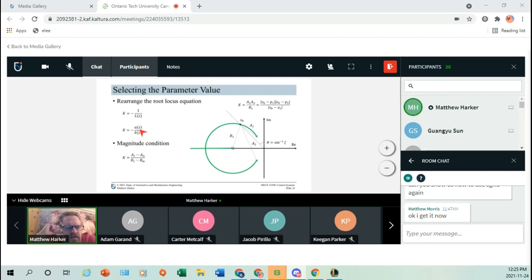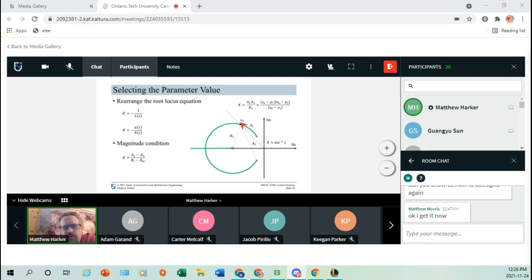And basically then, if we did the magnitude of both sides, of course, we're looking for a K positive for a positive root locus, which means that's always going to be positive. And then we take the magnitudes of the complex numbers, the numerator and denominator, and that should basically come out to be K. So in this example, we have where our test point here is where we want to find the K for.